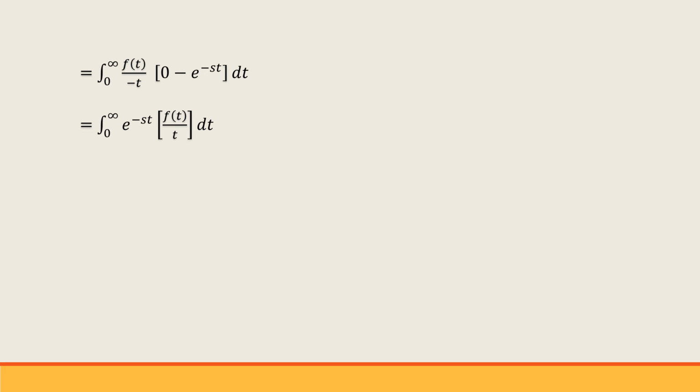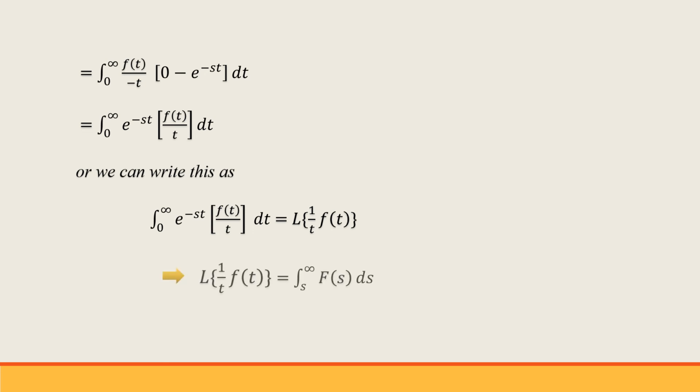Now look, this is basically the Laplace transform of f(t) by t. So the integration of e raised to the power minus st into f(t) by t is equal to the Laplace transform of f(t) by t, or we can say that the Laplace transform of f(t) by t is equal to the integration of F(s) ds from s to infinity.